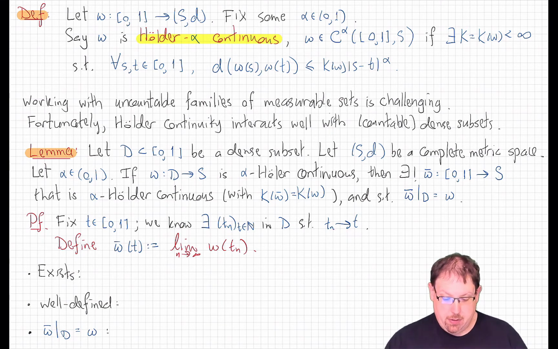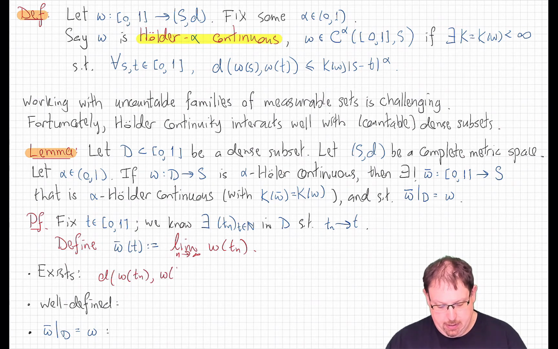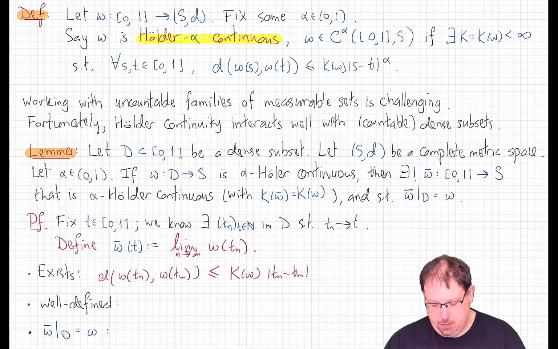Well, both of those follow from Hölder continuity here. The limit exists because if I measure the distance between omega of any two times in the sequence, by assumption, that's less than or equal to a constant, which depends only on omega, so it doesn't vary with n and m, times Tn minus Tm to the alpha.